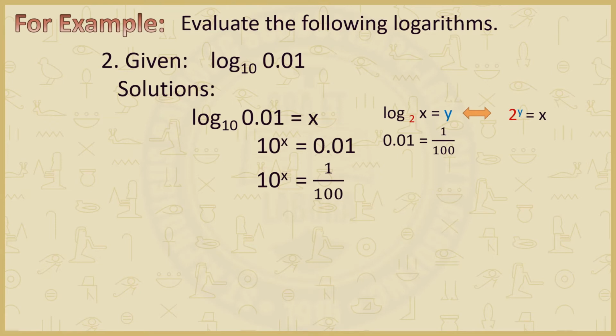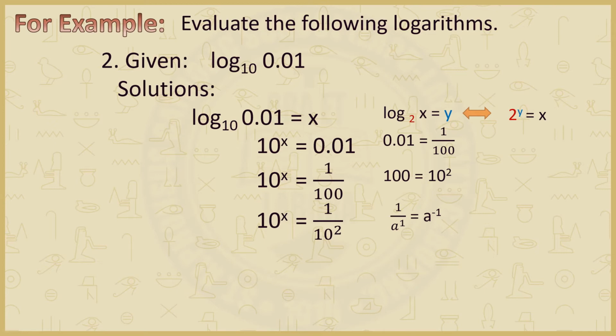100 can be written into its exponential form, and it is equal to 10 raised to 2, because when we multiply 10 by itself 2 times, its result is 100. So our equation becomes 10 raised to x is equal to 1 over 10 raised to 2. According to the definition of negative exponents, for every 1 over a raised to 1, it is equal to a raised to negative 1.